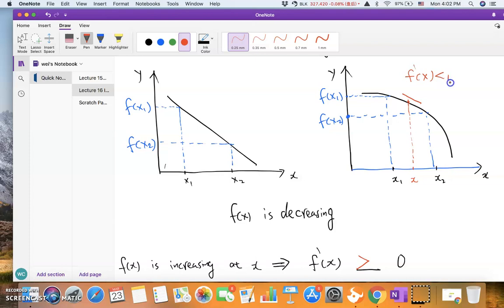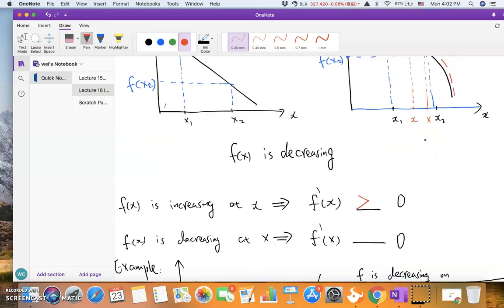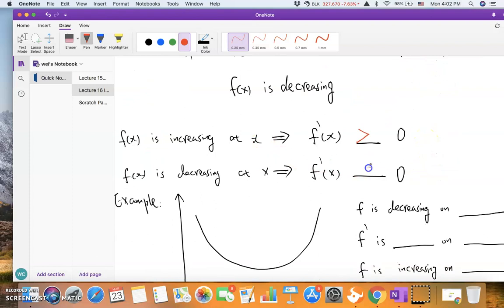Therefore, the derivative is going to be less than 0, and this is true for every point on this interval. Their tangent lines all have a negative slope. Okay. So this is less than 0.